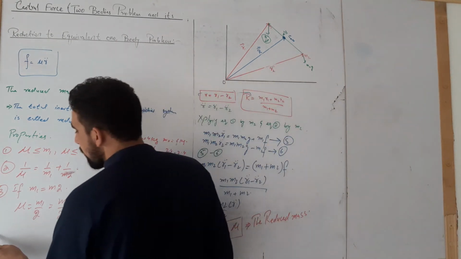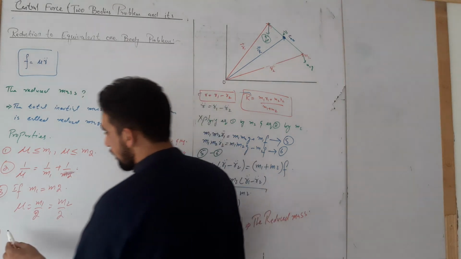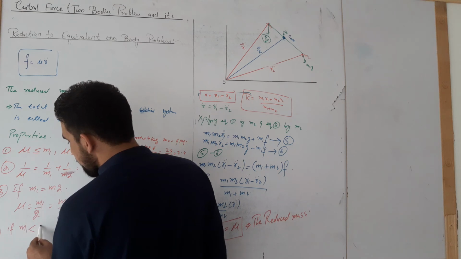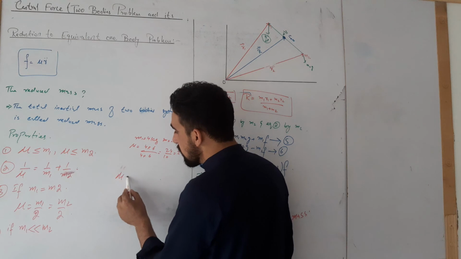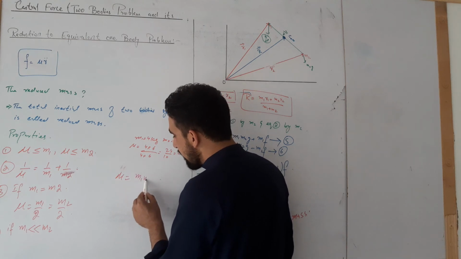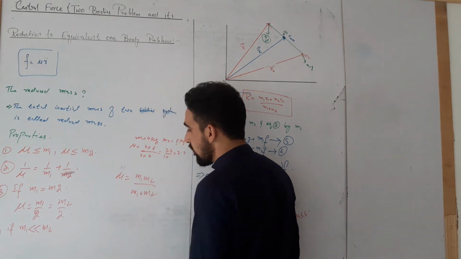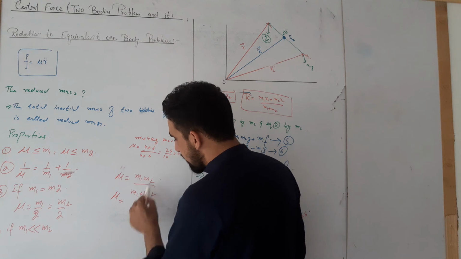Similarly, number 4 is if m1 is much smaller than m2, then reduced mass mu is equal to m1 m2 divided by m1 plus m2. So the numerator term will become very small and the denominator will be large.